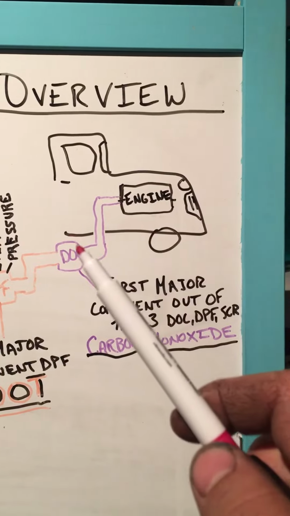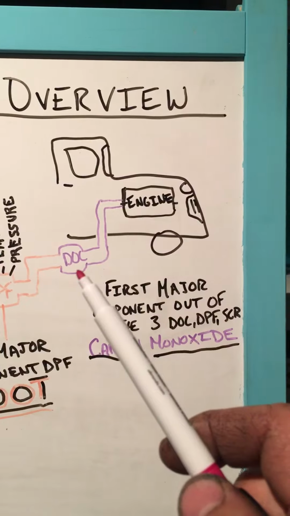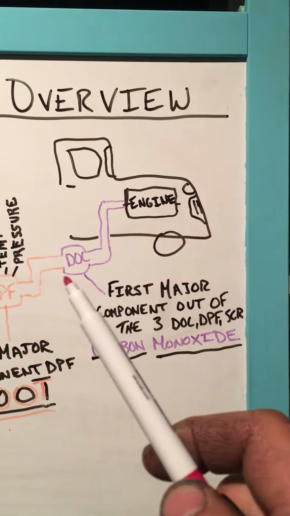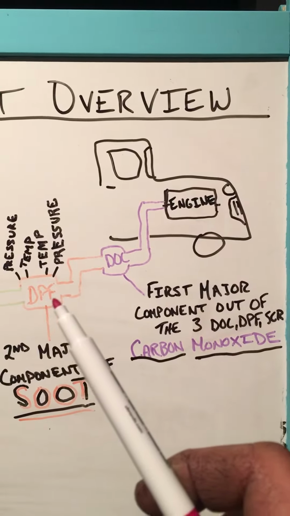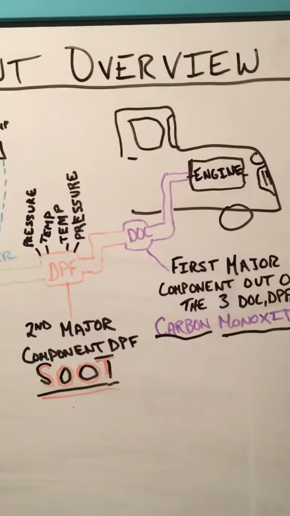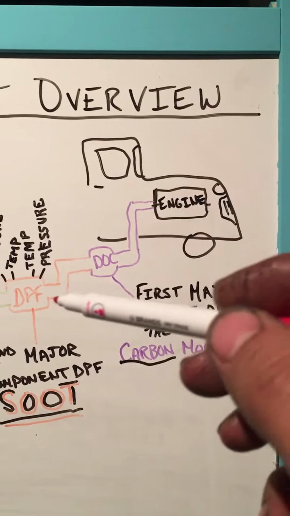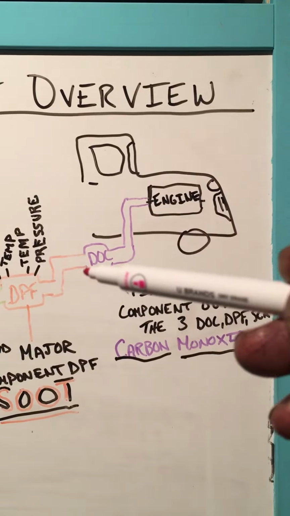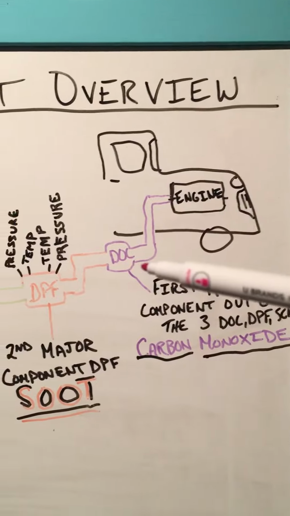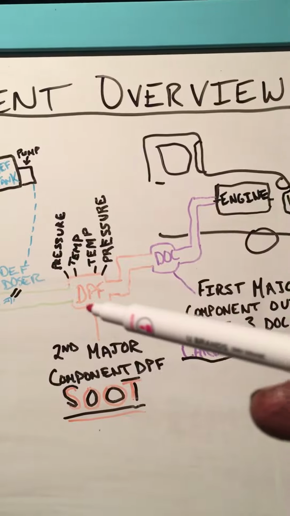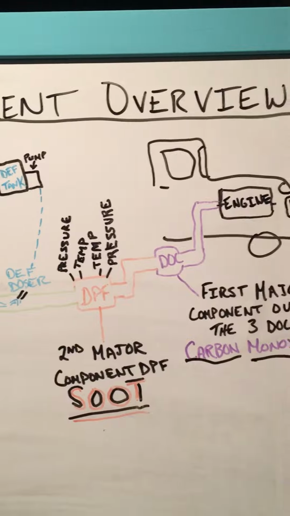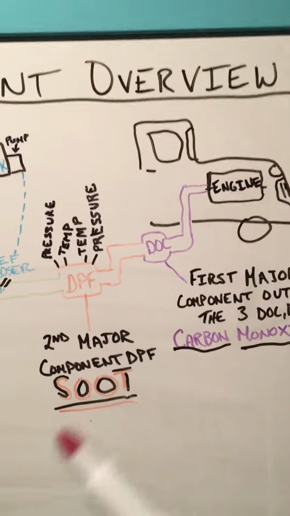And so that's its main function, but it also builds up the temperature of the exhaust gas in a regeneration for your diesel particulate filter. So as your exhaust moves through your DOC, it's heating up, it's getting changed from carbon monoxide to carbon dioxide, and the next component always in the after treatment system is your DPF.